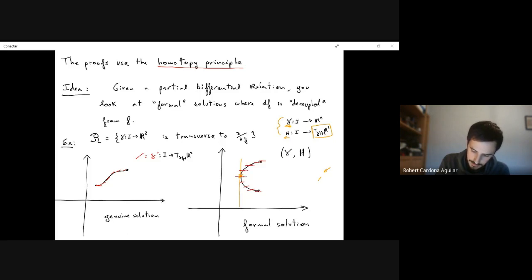Instead of taking the derivative of my path, I take one element of the tangent space at each point. So this is different from gamma prime. This is why I call it a formal solution: this pair satisfies the relation because these tangent vectors that I draw are transverse to partial y. But it's not a genuine solution because H does not coincide with gamma prime. It's a solution if you forget that it's the differential of a map.